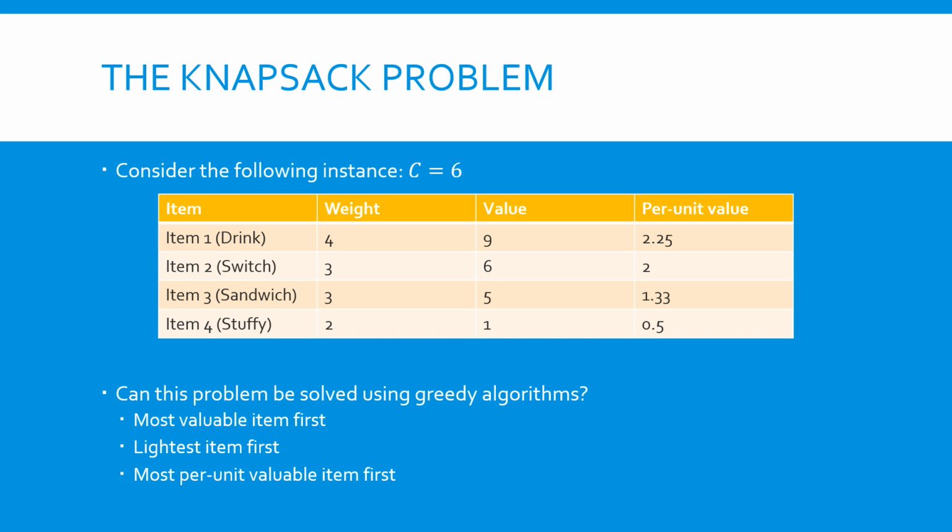From this, we can calculate the per unit value of drink as 9 divided by 4, which equals 2.25. Based on this, we can propose 3 greedy strategies. We could select the most valuable item first, the lightest item first, or the item with the highest per unit value first.